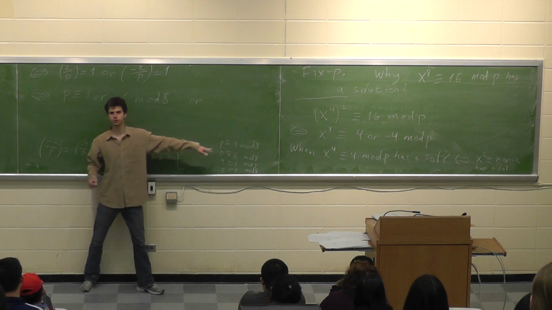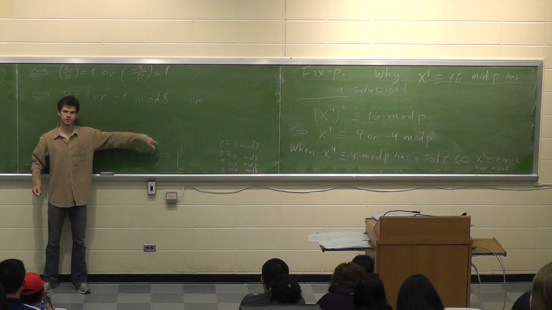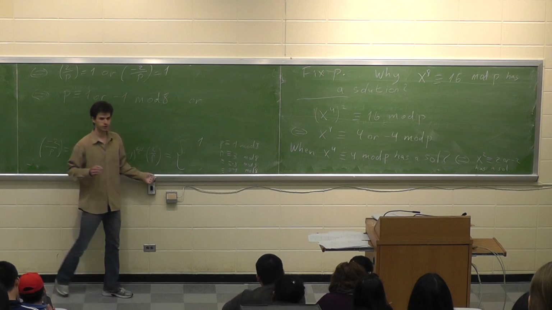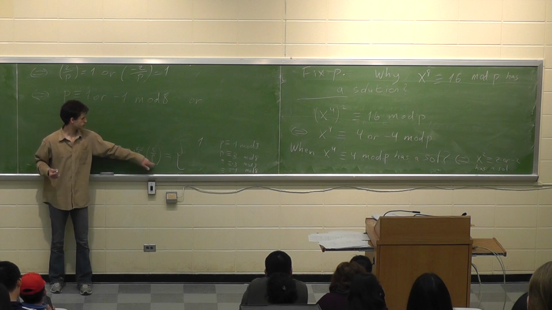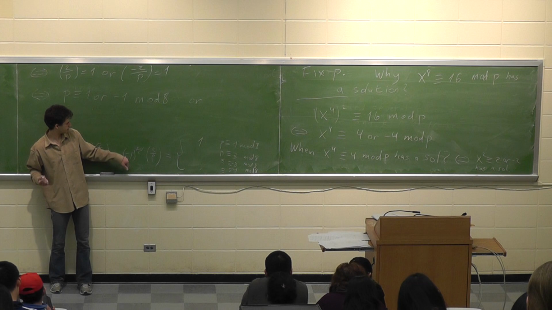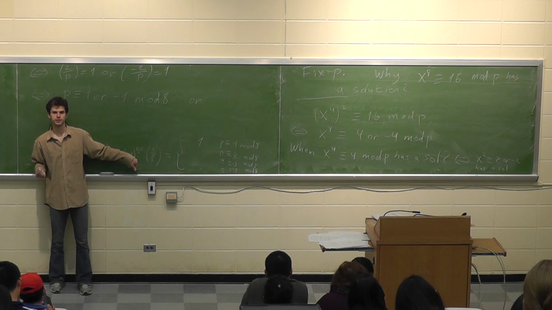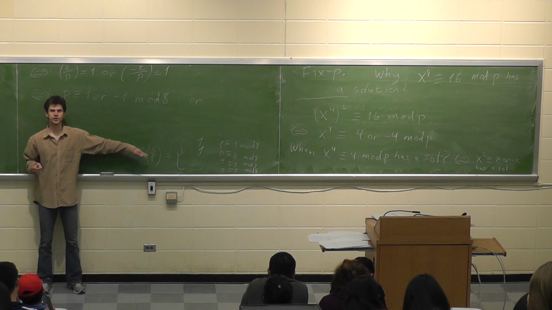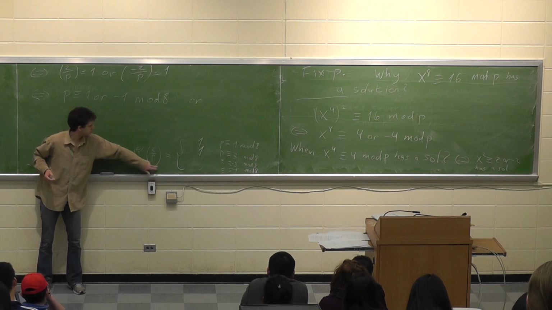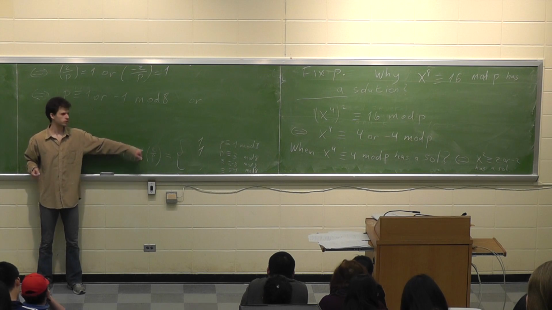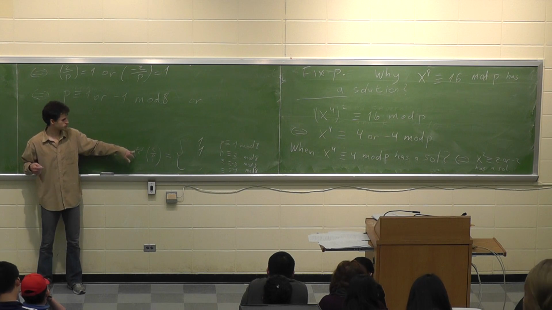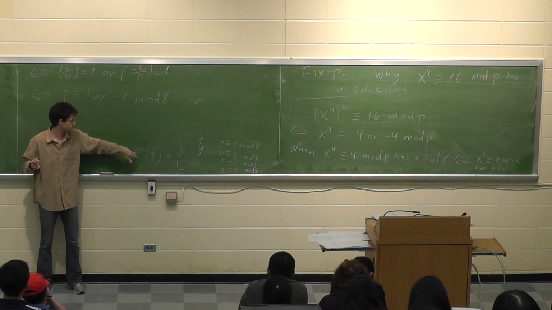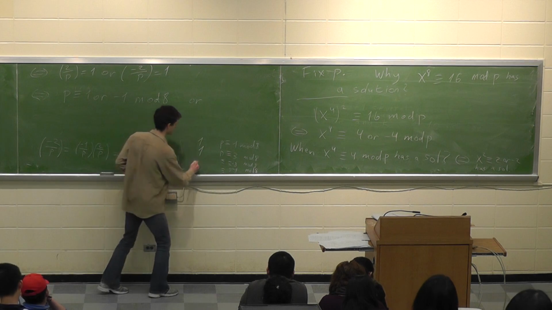So if p is congruent to 1 modulo 8, then this is equal to 1, and this is equal to 1. So the answer is 1. If p is congruent to 3 modulo 8, then this is negative 1, but then this is also negative 1. So the product is 1. If p is congruent to minus 3 modulo 8, this part is minus 1, but the first part, p minus 1 is minus 4 modulo 8, so p minus 1 divided by 2 is still even, so it is 1.